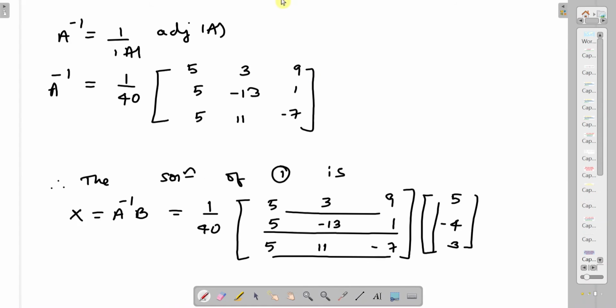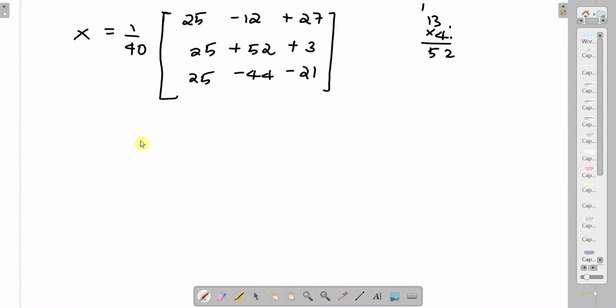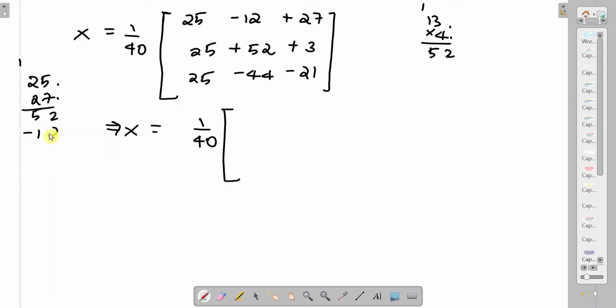Okay, so what we will get? X is equal to 1 by 40 times 25 plus 27 is what? 25 plus 27 is 52. 52 minus 12 is 40. Okay, so 40 we will get here.